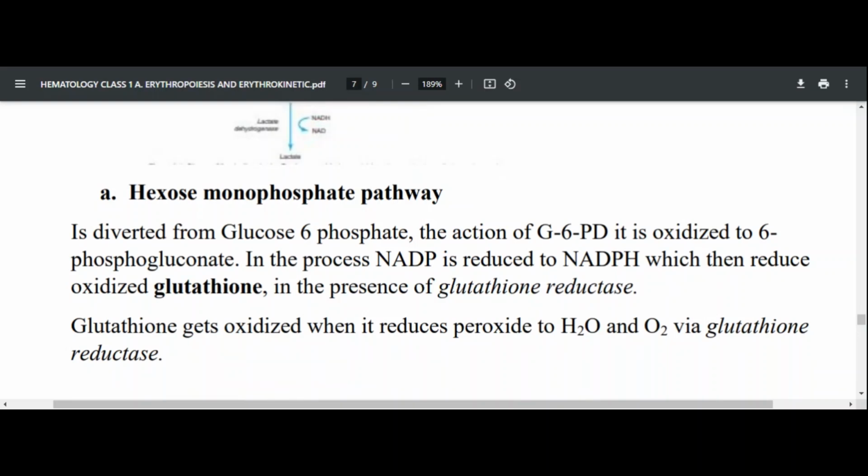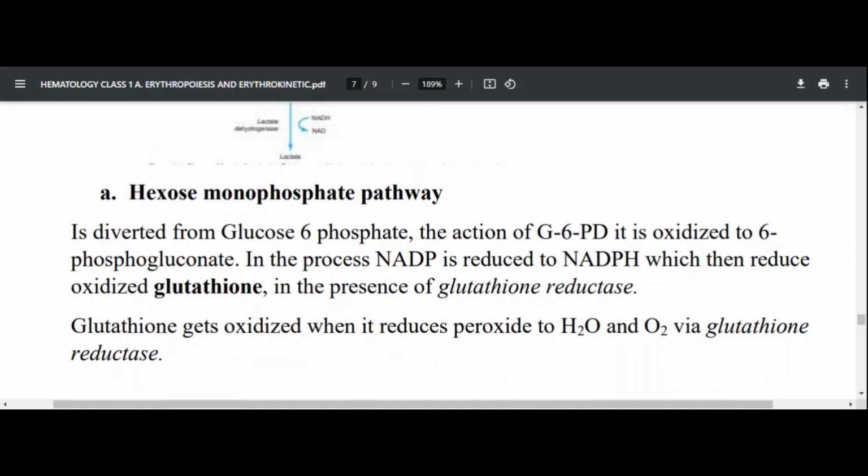The first pathway is called the hexose monophosphate shunt or hexose monophosphate pathway. It is diverted from glucose 6-phosphate. As I have just said, glucose 6-phosphate is the second molecule in glycolysis, but from that molecule there is a diversion, like switching to another pathway.